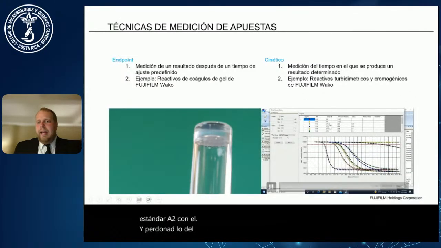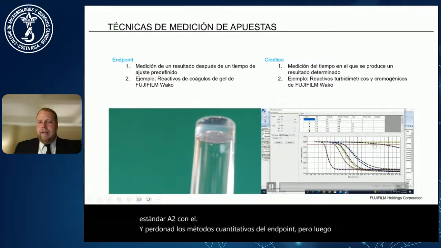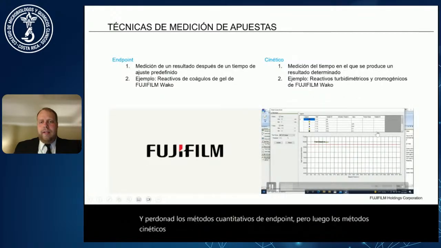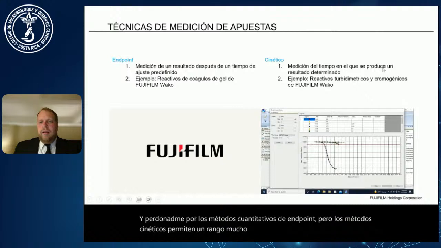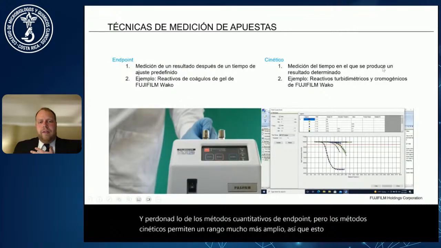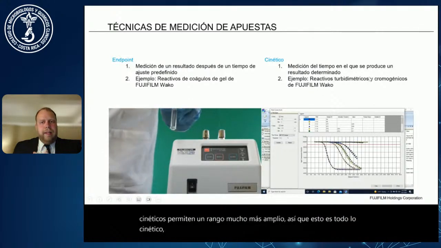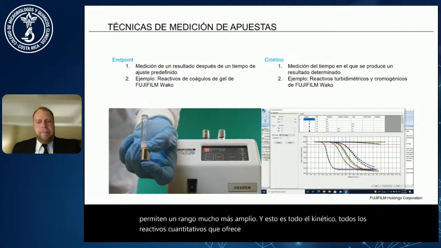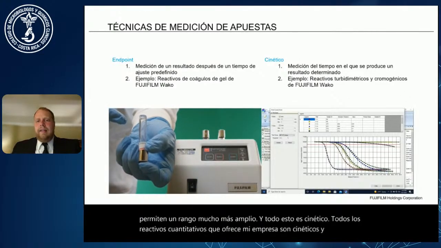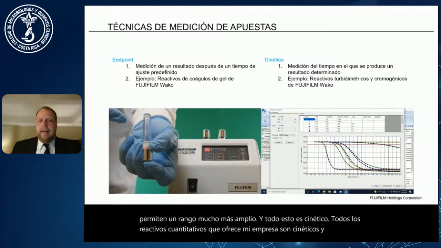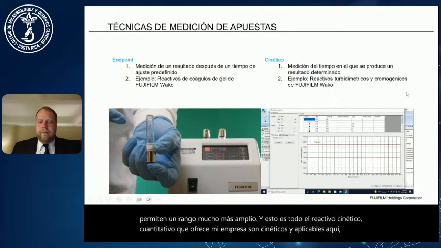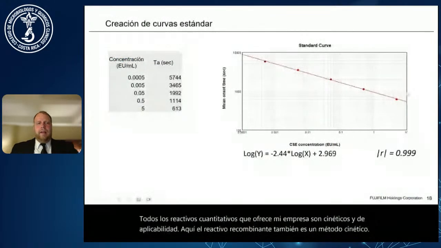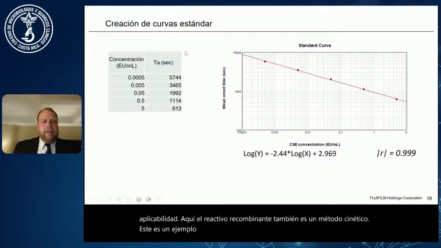But then the kinetic methods allow for a much broader range. All the quantitative reagents that my company provides are kinetic, and of applicability here, the recombinant reagent is a kinetic method as well.